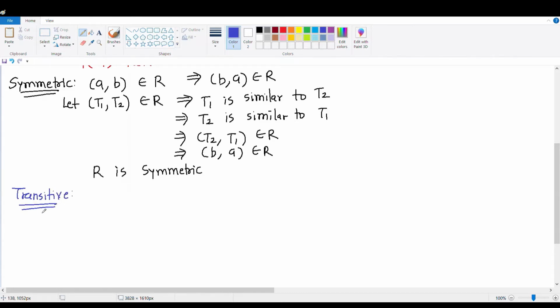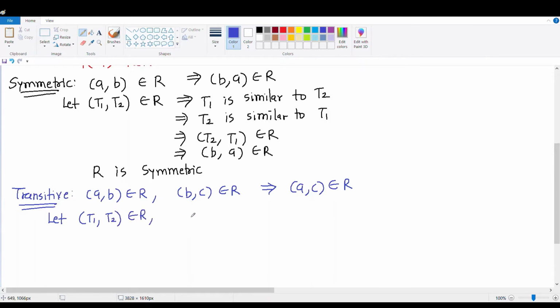Now we are going to show transitive. What is the definition of transitive? That if you have (A, B) belongs to R and (B, C) belongs to R, you must have (A, C) belongs to R. So for this, let (T1, T2) belong to R and (T2, T3) belong to R. Since (T1, T2) belongs to R, T1 is similar to T2.